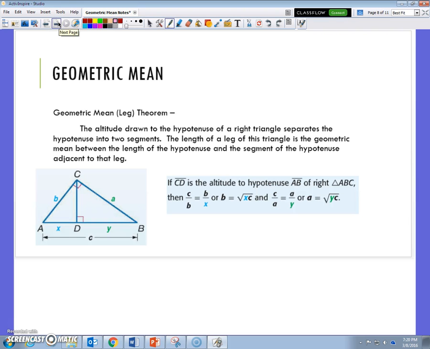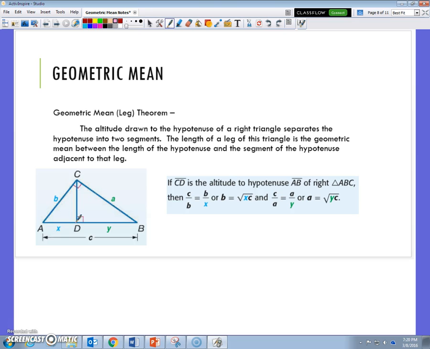We also have what's called the leg theorem. And the leg theorem is the tricky one. Okay, we have this right triangle that we started with, and we drew the altitude from the right angle to the opposite side. What it does is it compares the hypotenuse to the leg.